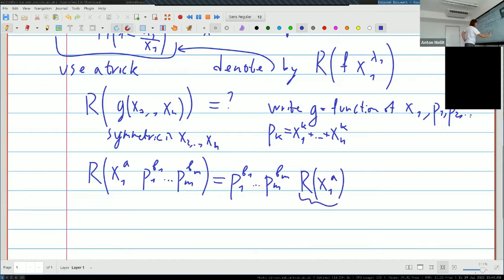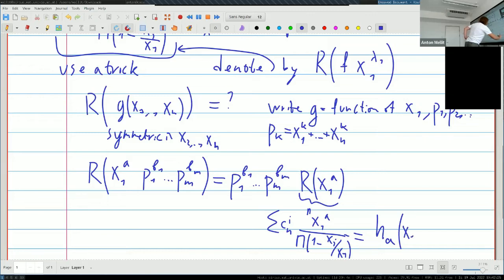So this now is simply the sum over all powers of Cn of x1 to the a over the product of 1 minus xj over x1. And this you can compute. This is, if you compute, the complete homogeneous symmetric function.